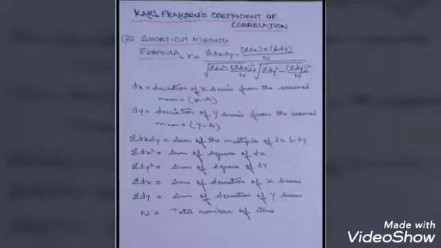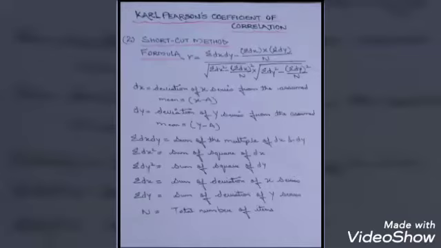So r equals sigma dx dy minus, in brackets, sigma dx into, in brackets, sigma dy, upon n, upon square root of sigma dx square minus, in brackets, sigma dx square upon n, into square root of sigma dy square minus, in brackets, sigma dy square upon n.